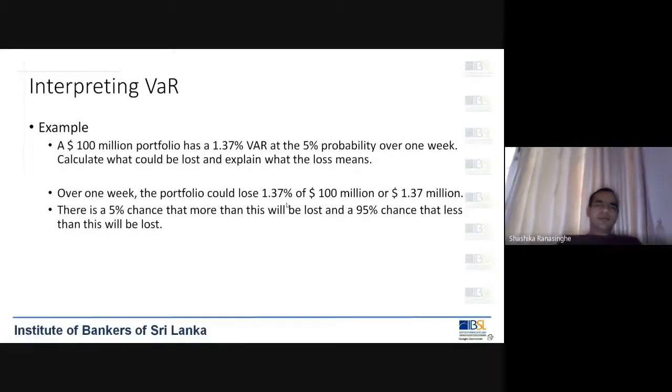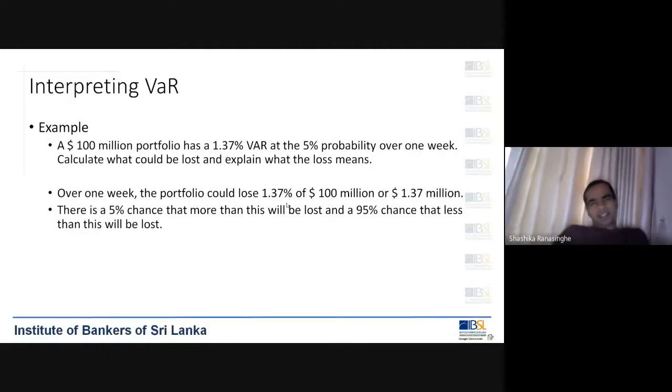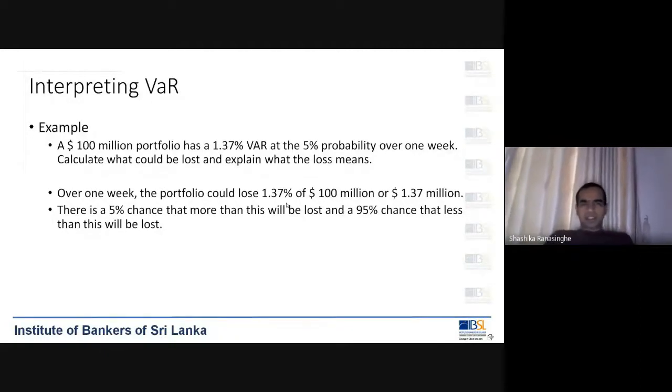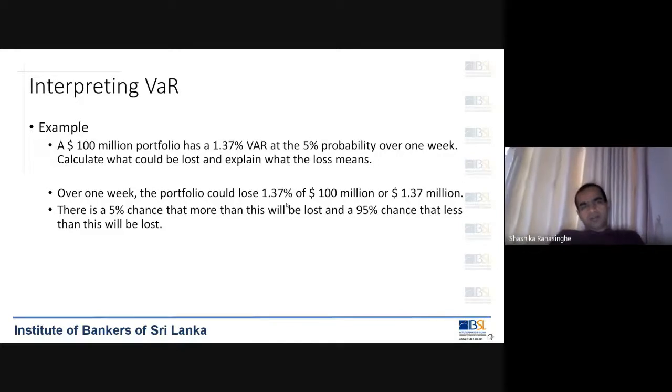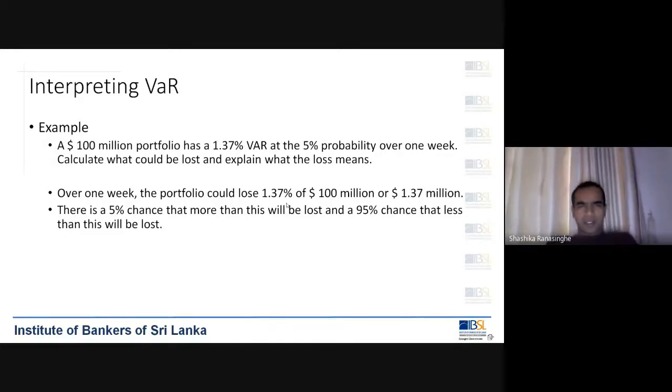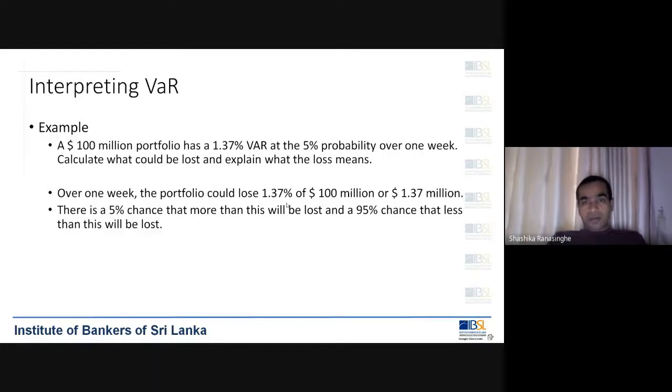Right. So if you get an MCQ question, which says a $100 million portfolio has 1.37 value at risk at the 5% probability over 1 week, what would be the value at risk at a 1% probability over 1 week? Understood? So the same question, the extension is what would be the value at risk at 1% probability over 1 week.